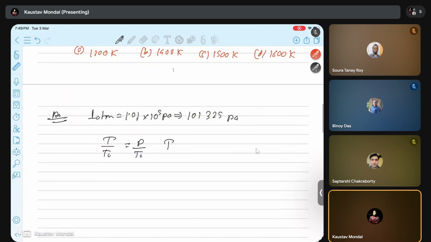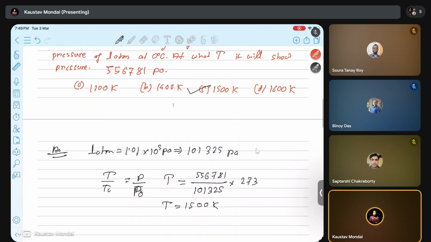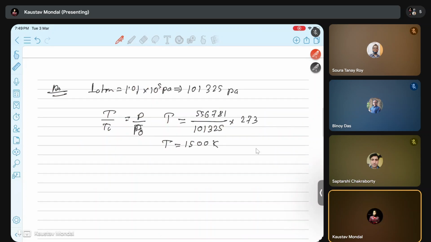So T would be 556,781 into T0, which is 273, divided by P0, which is 101325. So T will become 1500 Kelvin. So the answer would be option C. Now question 9.